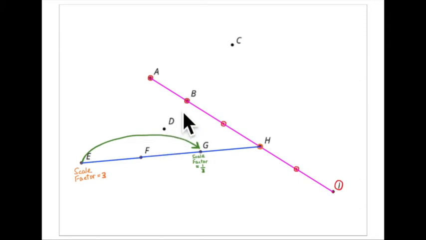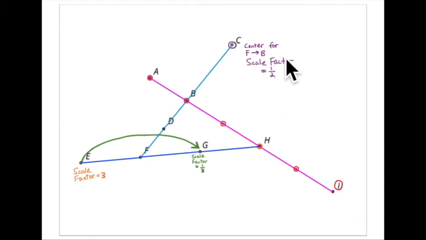It's going to go in this direction so that its image is B. So the center for F to B, and the scale factor is 1/2. So this is 1/2 the length. The center of dilation is point C. It's going to take F to B, so it's 1/2 the length.